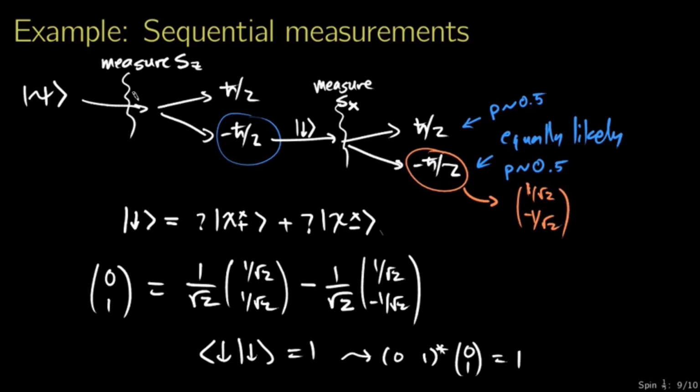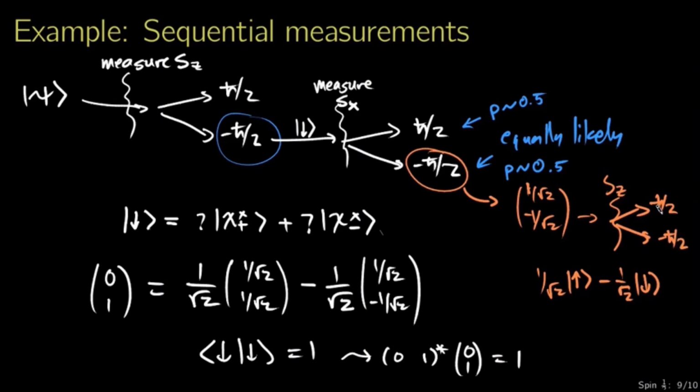If I went back to measure s sub z again, I would have to re-express this as a superposition of up and down in order to find out what those outcomes would be. And you can probably see, given that up is just 1, 0 here, that I would have to write this guy as 1 over root 2 up minus 1 over root 2 down. Which tells me that we have an equal superposition of up and down, which means if we measure s sub z again, we would get either h bar over 2 or minus h bar over 2 with equal probability.